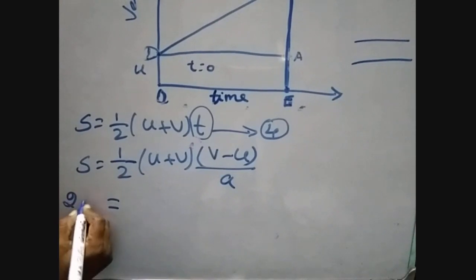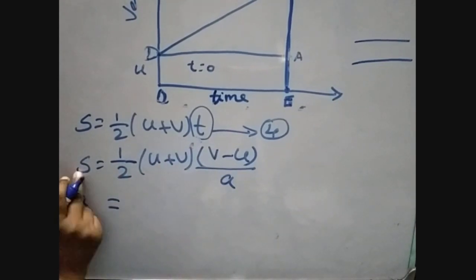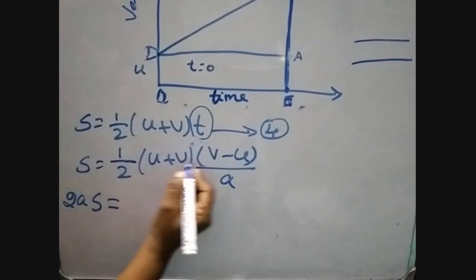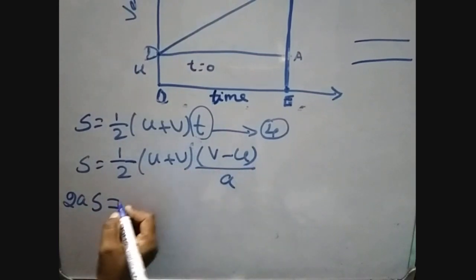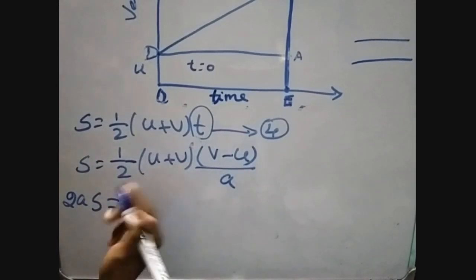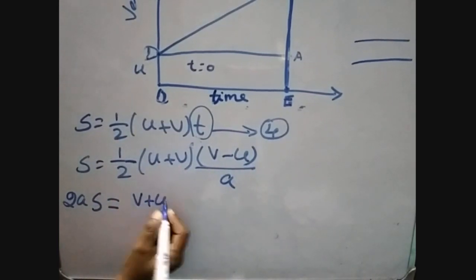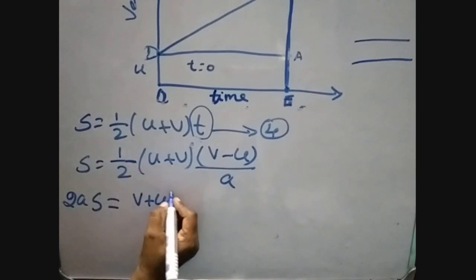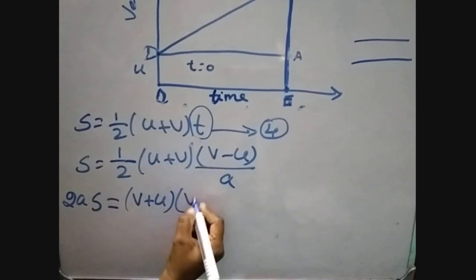So 2A into S equal to U plus V into V minus U. U plus V is the same as V plus U, into V minus U.